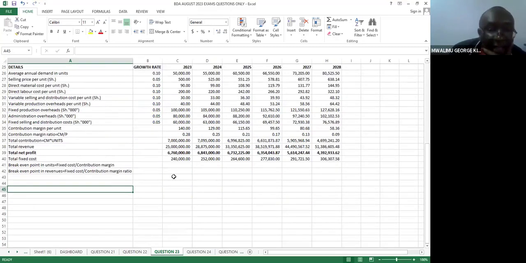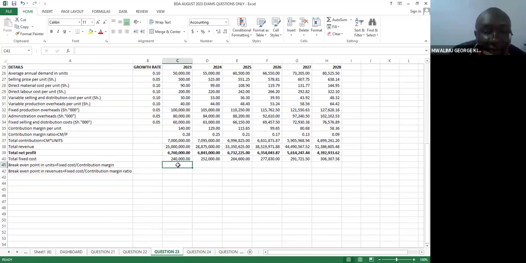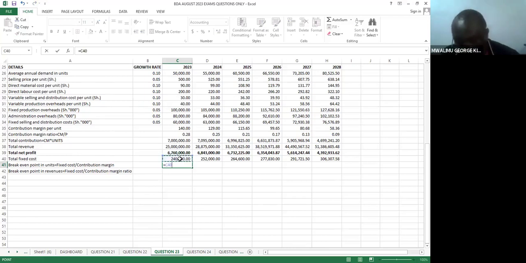Okay, so having done that, now I will come here and say my break-even point in units should be equal to my fixed cost, which is this one, divided by contribution margin per unit, which is this one, equals.